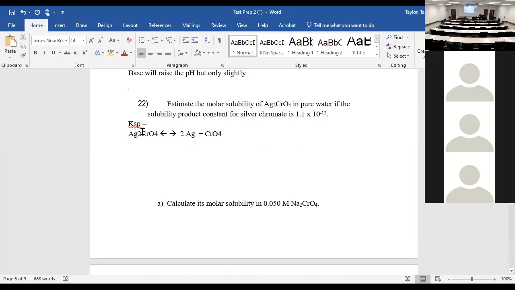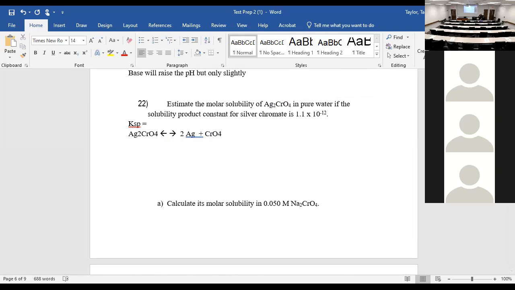It basically splits right in the middle. But since you have 2 silvers, you have to put that 2 in front of the silver. The CrO4 is considered 1 ion. So it's not 4 oxygens and 1 chromium. It's 1 CrO4.